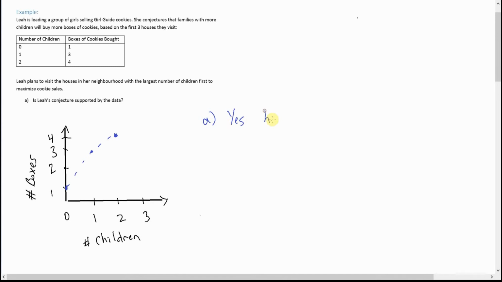Yes. Her conjecture was families with more children buy more boxes. Yes, her conjecture is supported. But we need more data.